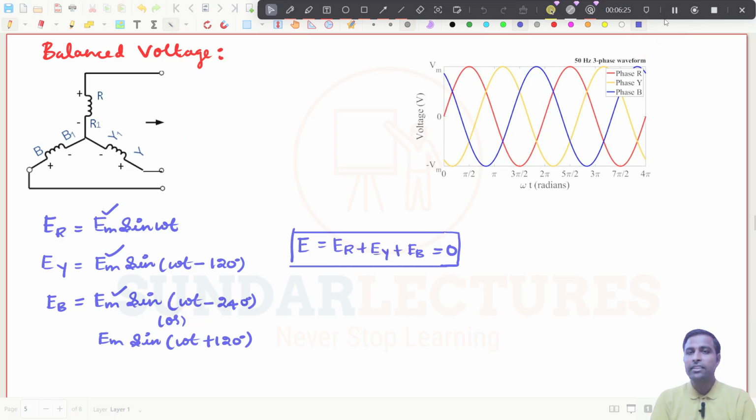Even you can write this in phasors, right? What is VR? In phasors, it will be Em by root 2 at an angle of 0 degree. Why am I doing this by root 2? To convert this into a VRMS value. Always, if you are writing it in a phasor, then this value should be an RMS value, right?